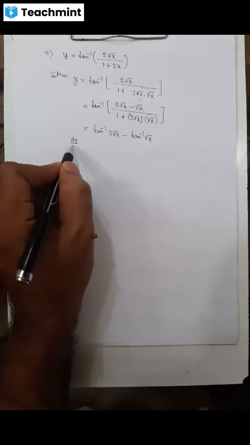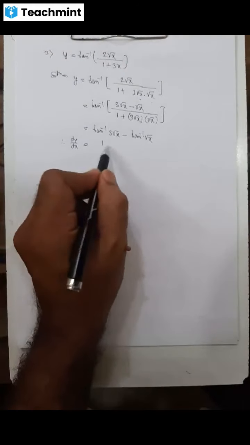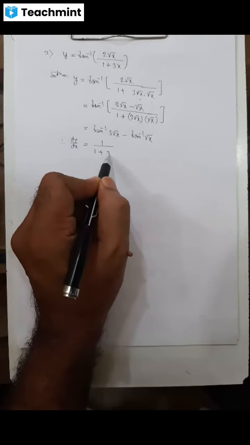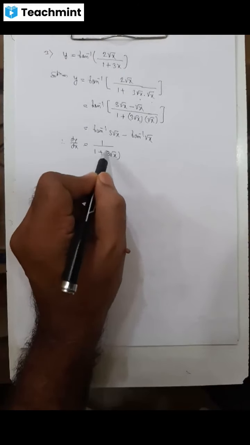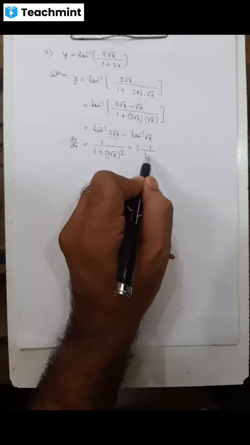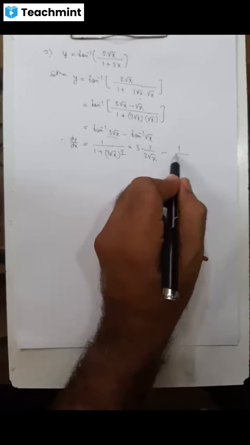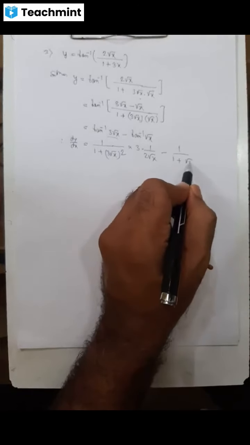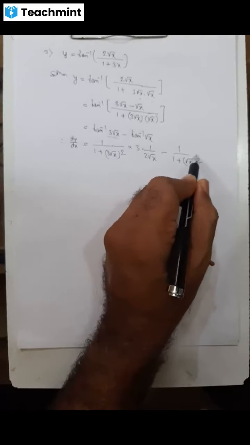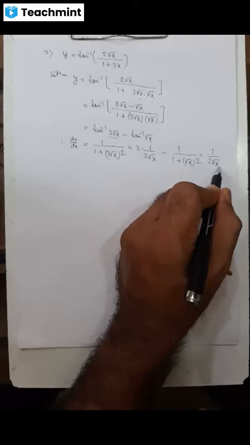Therefore derivative dy by dx: first term 1 divided by 1 plus (3 root x) square, multiplied by the derivative of 3 root x, 3 constant, and the derivative of root x we know is 1 upon 2 root x, minus second term derivative 1 divided by 1 plus (root x) square, multiplied by the derivative of root x, that is 1 upon 2 root x.